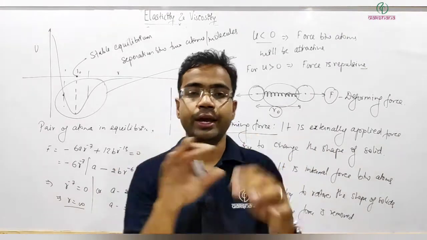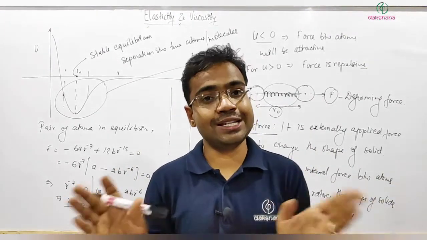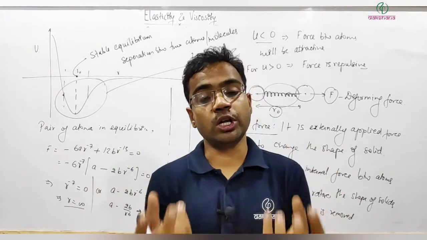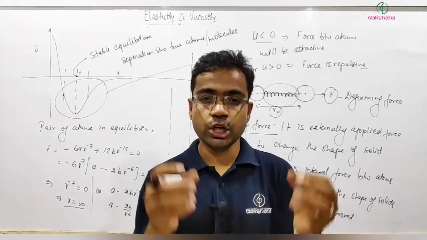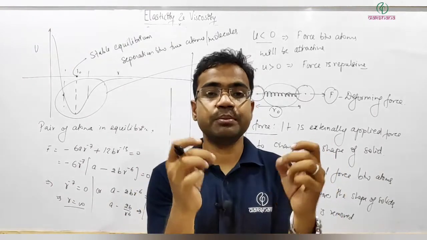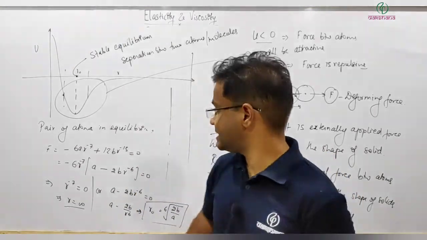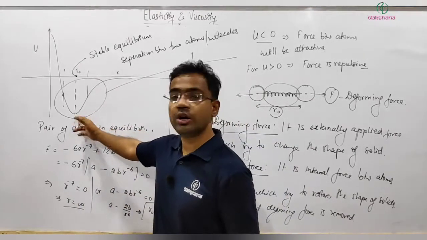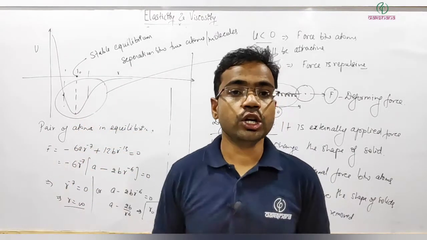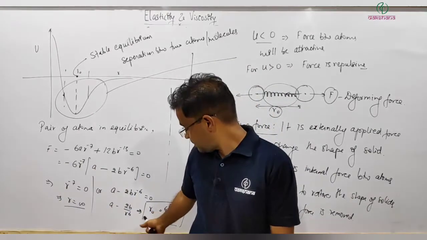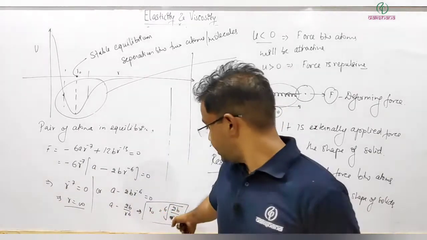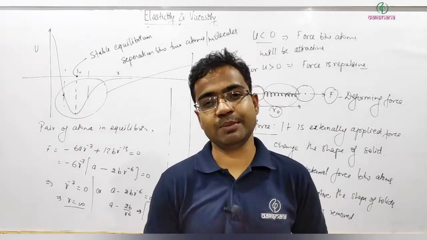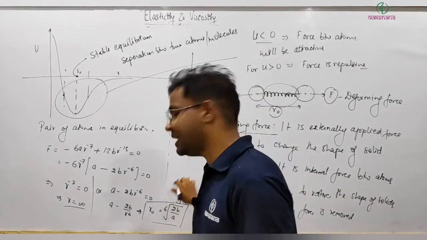If we are not disturbing the solid, then by itself the solid's molecules or atoms have a tendency to stay at some particular separation, termed the equilibrium separation, and that depends on its potential energy function. The distance between two atoms where the potential energy is minimum is the point where they will try to stay.